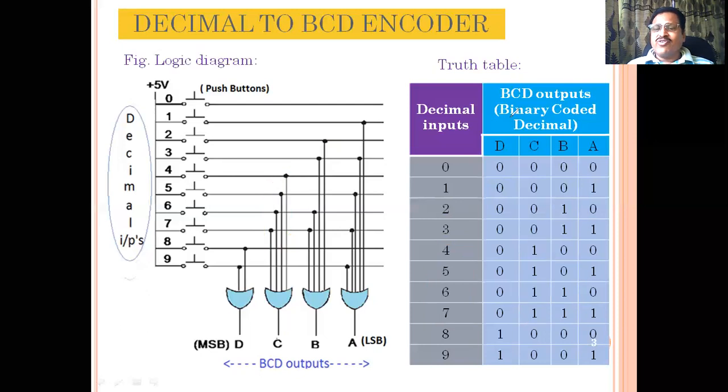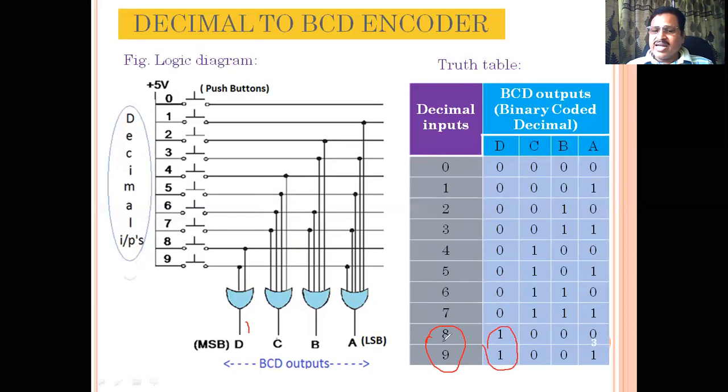In the last one, if you observe, D as the MSB appears when we select decimal digits 8 or 9. You'll find here in the column of D, D becomes logic 1 or high if we select either 8 or 9, and only then 1 appears in the last column of the BCD output.